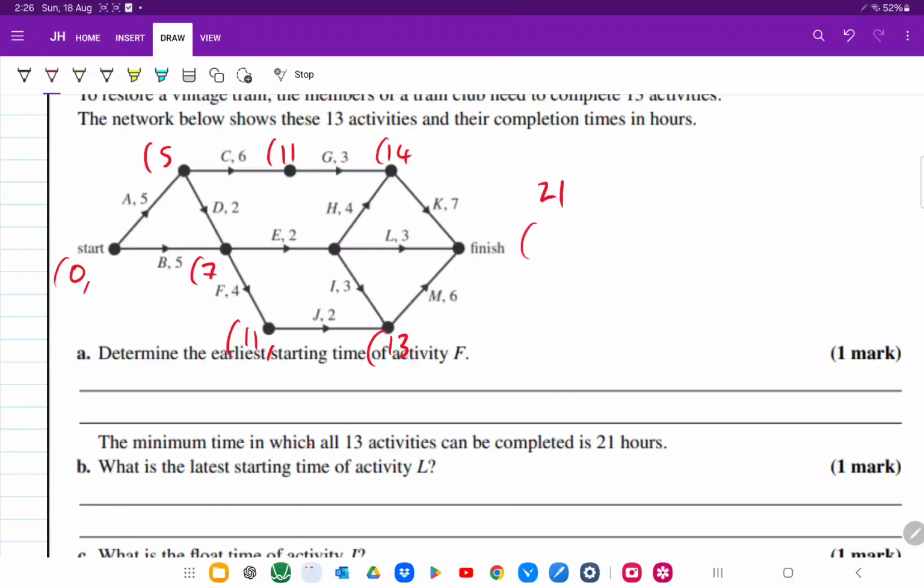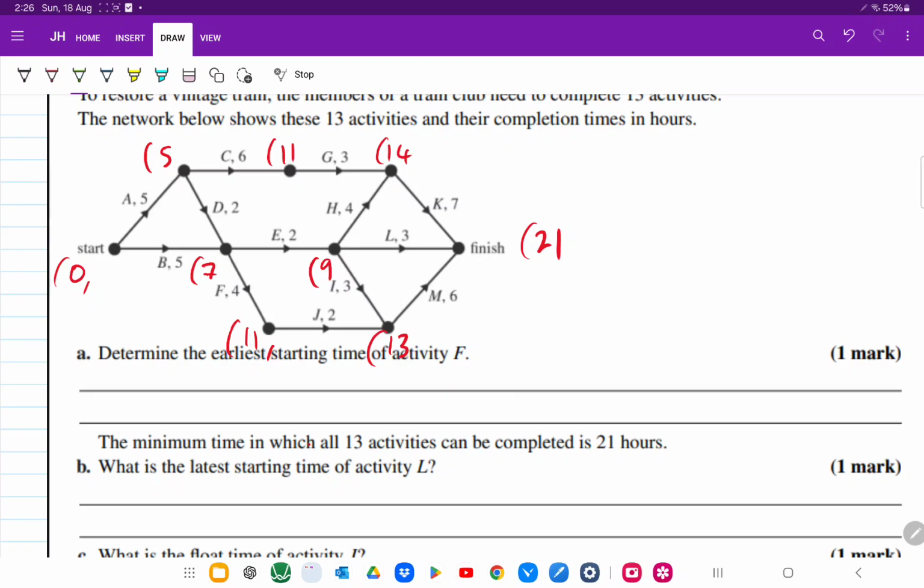And 13 plus 6 is 19. And the last one is this one here. 7 plus 2 is 9. And so in this case, the minimum time required is 21.